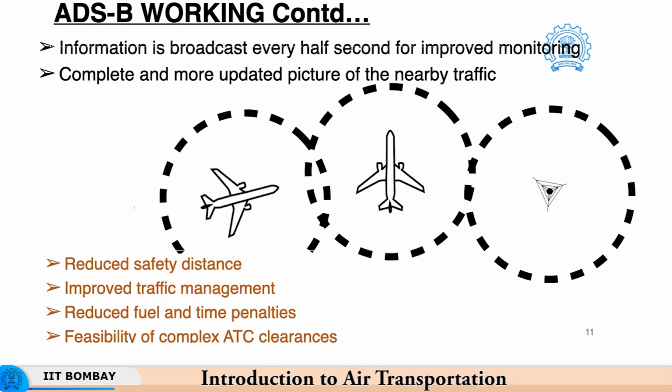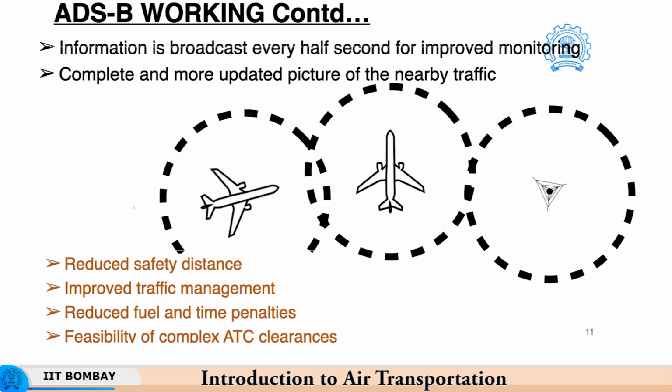Because of the presence of this automated technique, the safety distance associated with the nearby aircraft can be reduced. Moreover, because of this, traffic management handling has also improved. Because of the efficient handling of the flight routes, there is an underlying advantage associated with reduced fuel and time penalties.